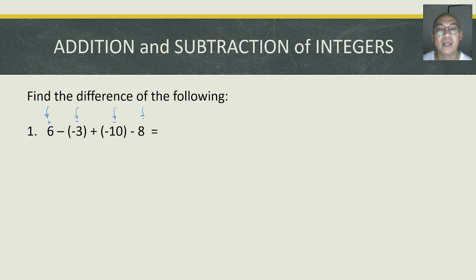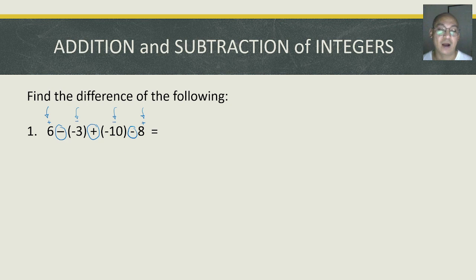And this one is a positive 8. But take note that between those integers, we have the operation. This is minus, this is plus, and this is minus. So as we read it, 6 minus negative 3 plus negative 10 minus 8.